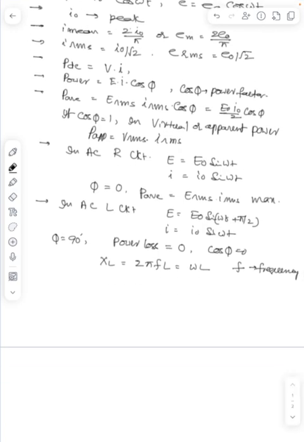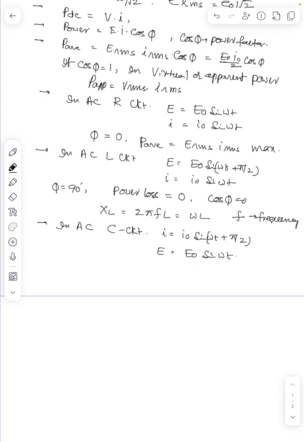In an AC C circuit, current I equal to I naught sin omega t plus pi by 2, EMF E equal to E naught sin omega t.